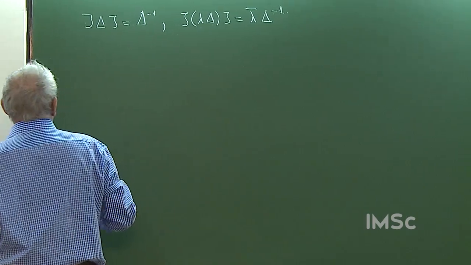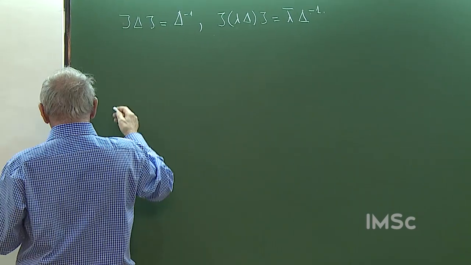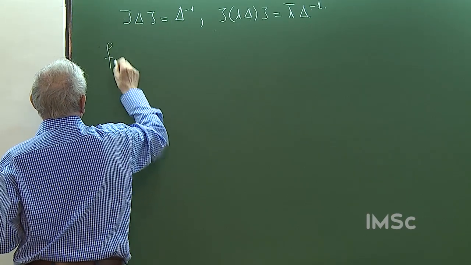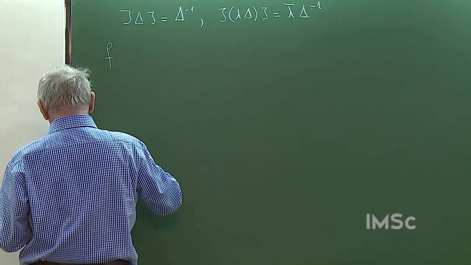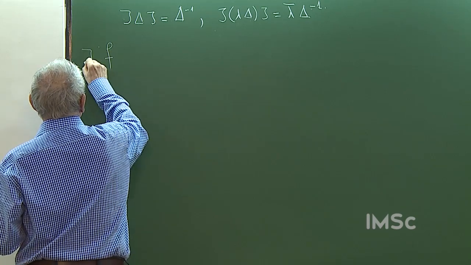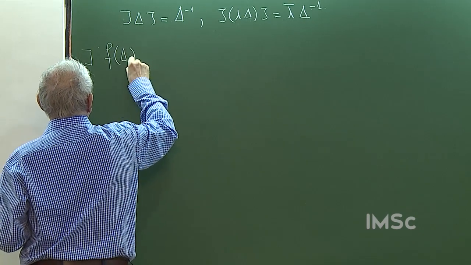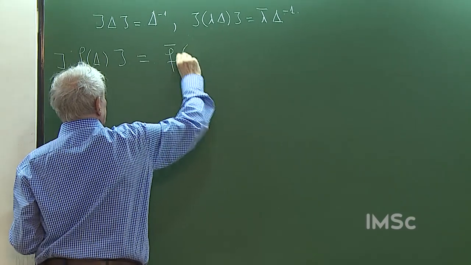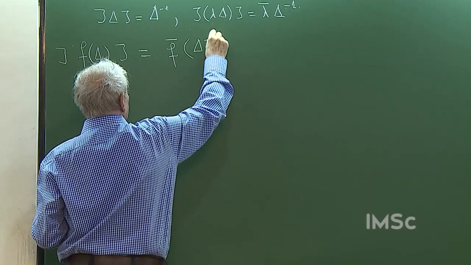And this means that for every Borel function, we have that J f of delta J is equal to f conjugate of delta minus 1.